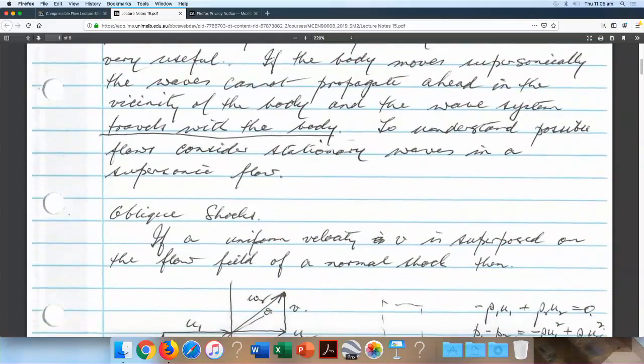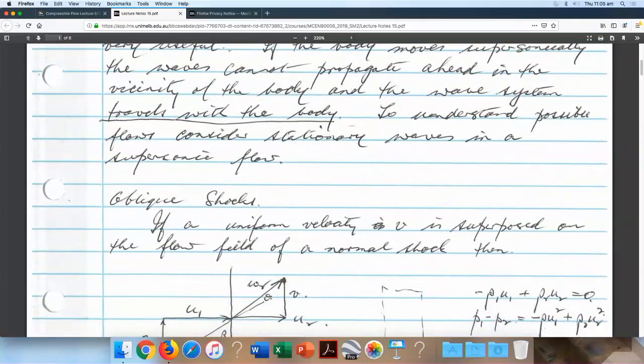Oblique shocks have the property that there's a line in the fluid, or a particular path, a characteristic in the fluid, across which the Mach number changes discontinuously.